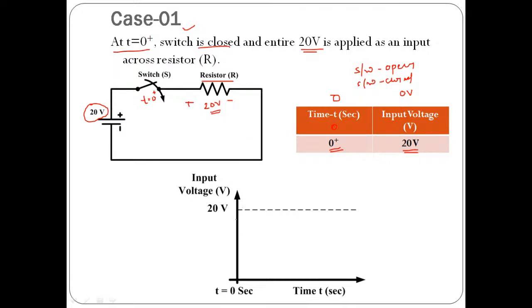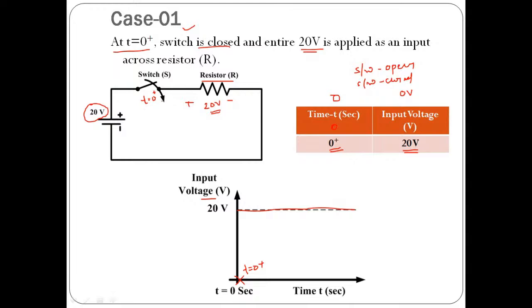On this graph, I have indicated the input voltage applied across the resistor. At t equals 0, the input is 0. At t equals 0 plus, the very next moment, we apply the entire voltage, and this entire 20 volt is going to appear across the resistor continuously.